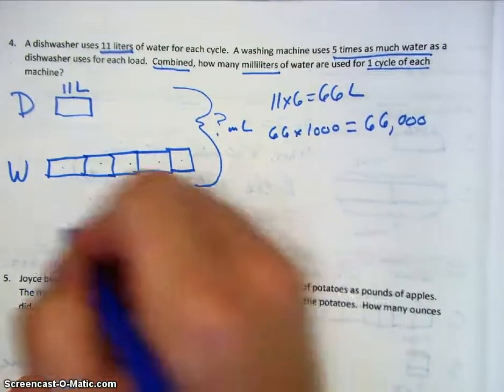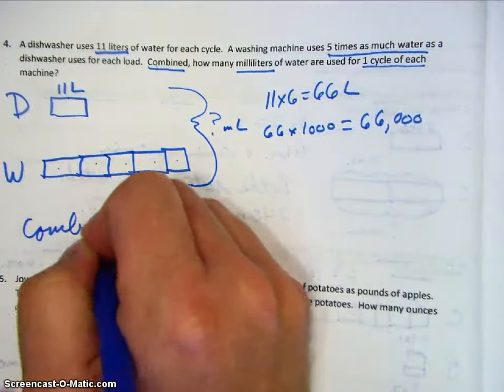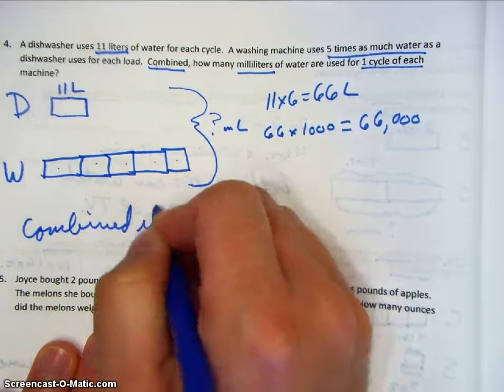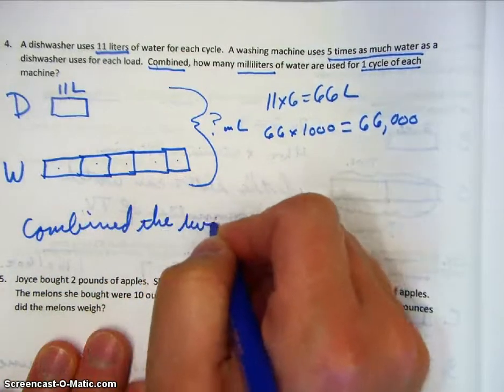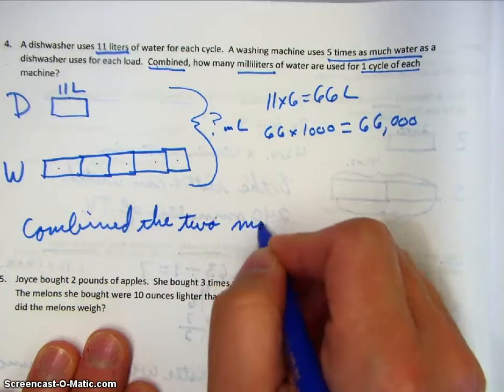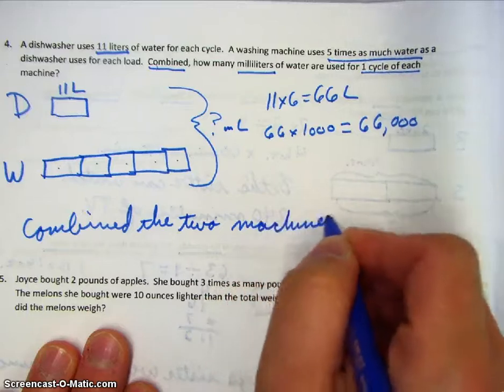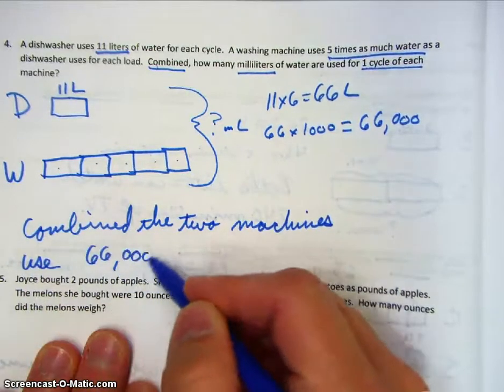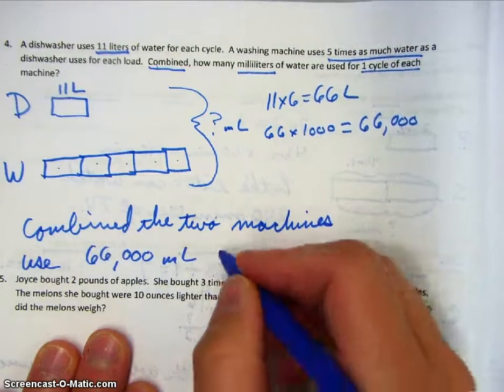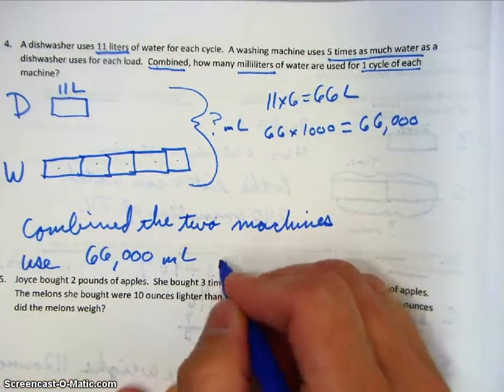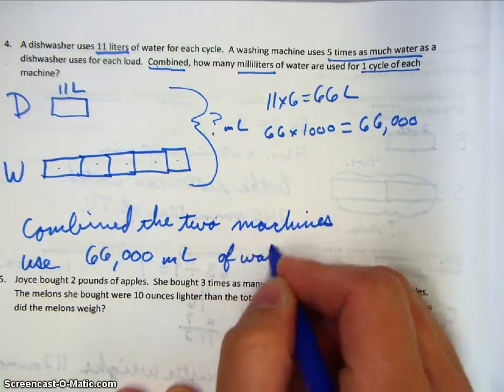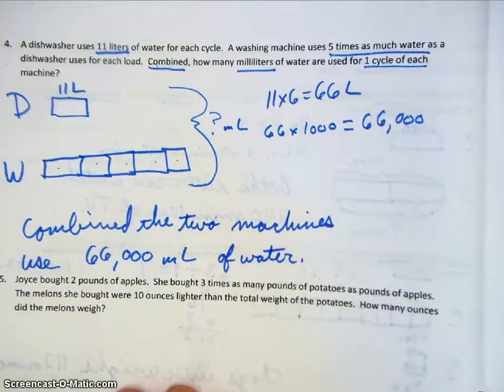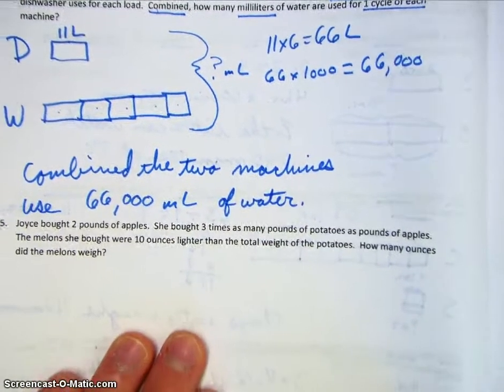So combined, the 2 machines use 66,000 milliliters of water. All right, moving on to number 5.